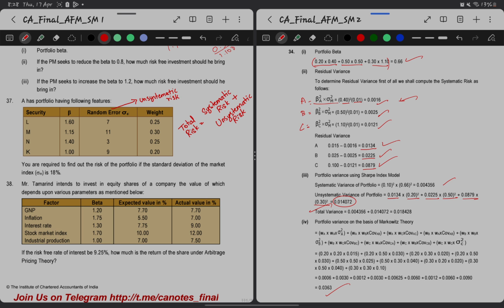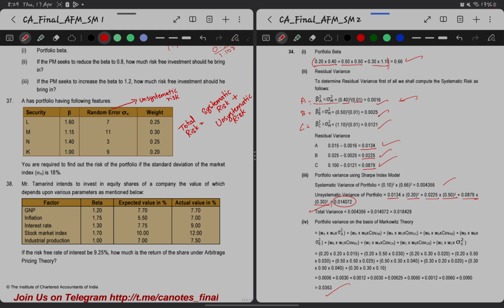You are required to find out the risk of the portfolio if the standard deviation of the market index is 18%. So we need to find out the total risk, which is nothing but the total variance, which includes systematic risk and unsystematic risk. Before solving this, we need to understand two major things.